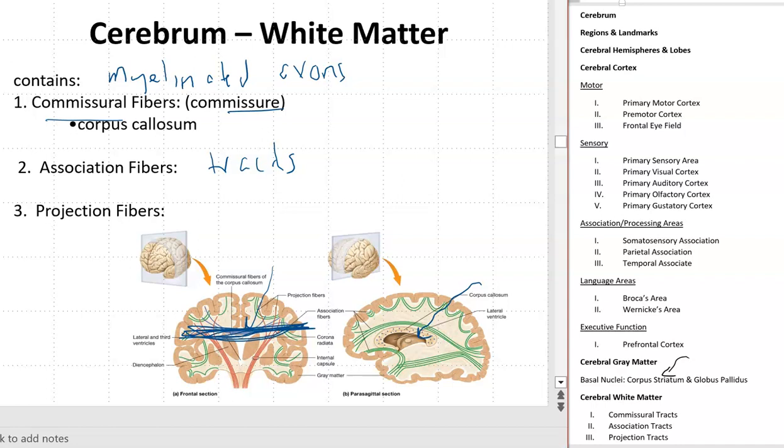These hemispheres are constantly talking to each other. If you reach into your pocket with your left hand, and I ask you to pull a quarter out and tell me what you pulled out. Well, when you reach and you touch it with your left hand, that information goes up your cord, crosses over to your right cerebral cortex, and it goes over to your parietal area, so you know it's a quarter.